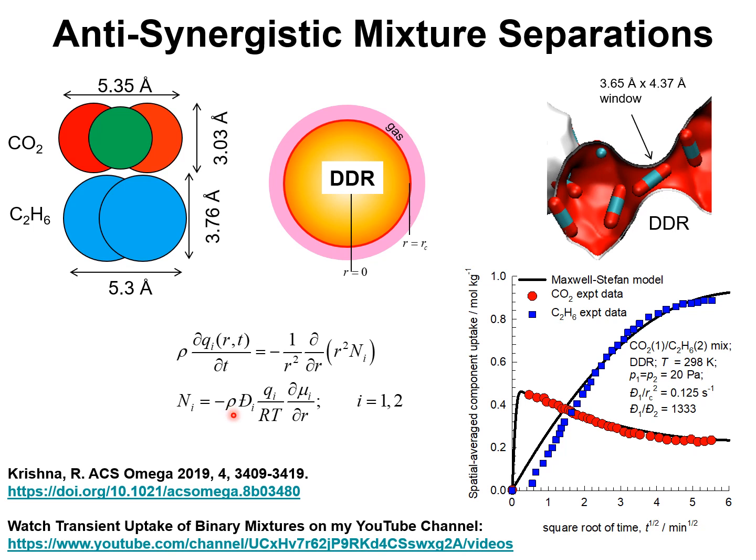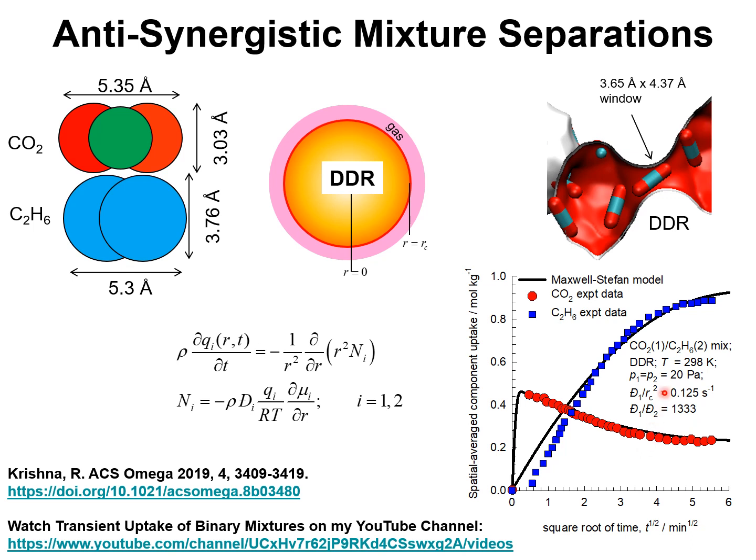framework density of DDR. The experimental data can be matched taking the ratio Đ1/Đ2, the ratio of the Maxwell-Stefan diffusivity of CO2 to C2H6, to be 1333.